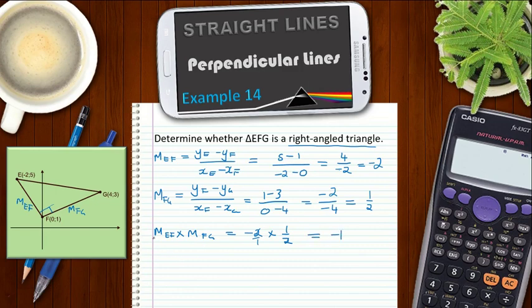So since that is equal to -1, we can therefore say that EF is perpendicular to FG, and therefore triangle EFG is a right angled triangle.